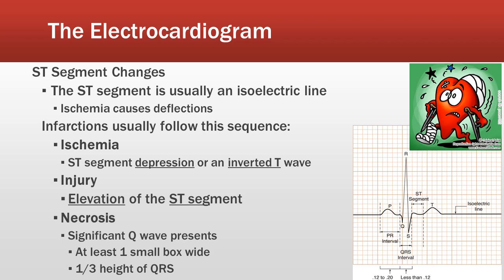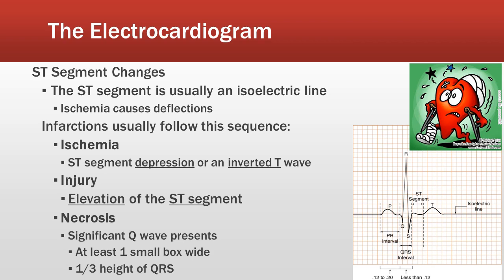Then injury or infarct can be detected by ST elevation, as small as one little box elevated above that isoelectric line. And then we can tell necrotic or dead cardiac tissue by a significant or pathological Q wave.